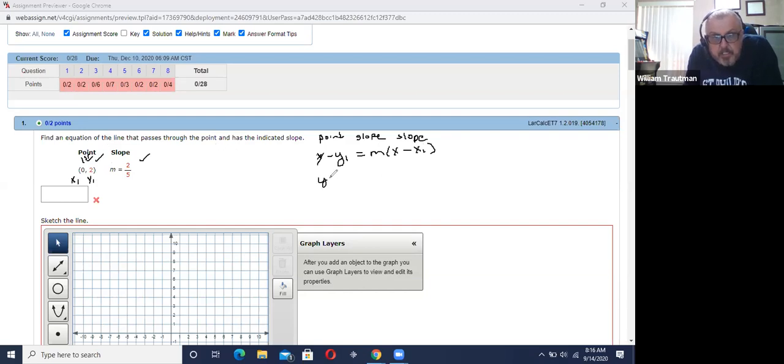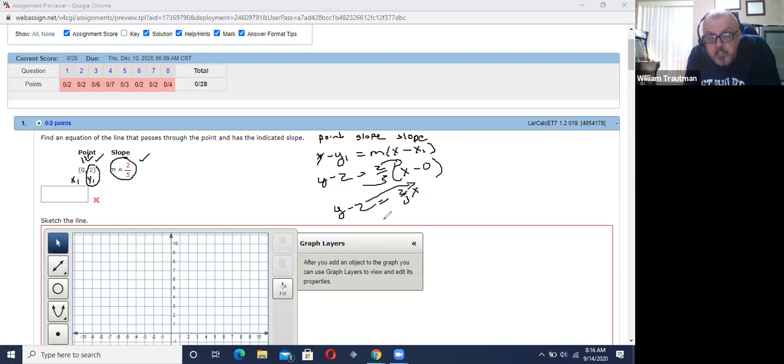So y minus y1 is y minus 2. The slope is 2/3. X minus x1 is x minus 0. So I'm left with y minus 2 equals 2/3 x. 2/3 times 0 is still 0.